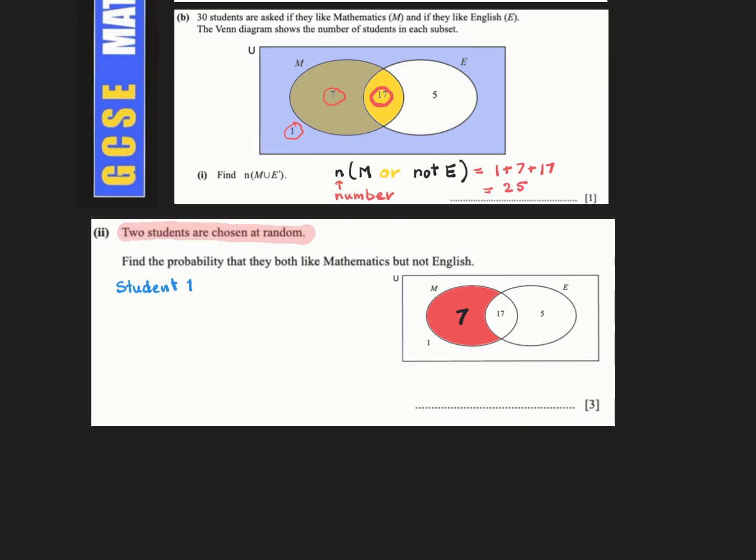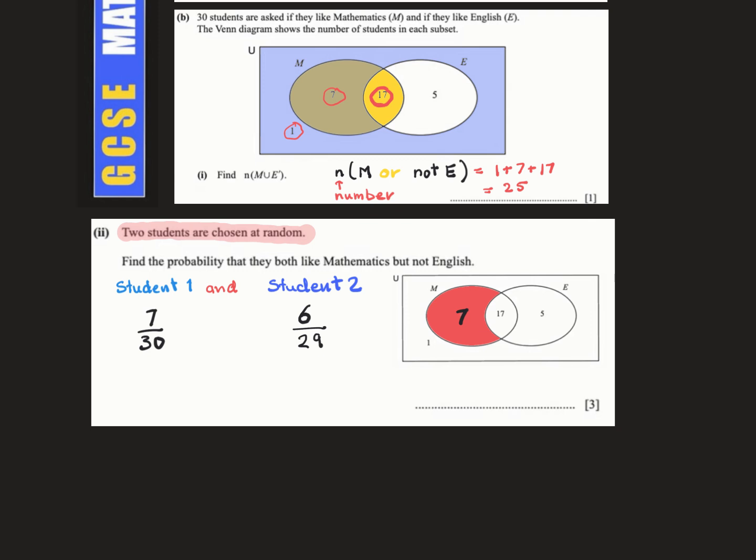And if I choose my first student, I have 7 to choose from out of 30 students. And then I want to find student number 2, and now there's no longer 7 students, there's only 6 students to choose from. And because we've already chosen one student, there are no longer 30 students available, there are 29. And what do we do with those two probabilities?